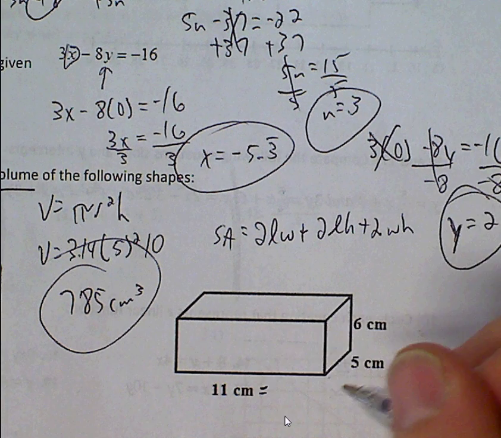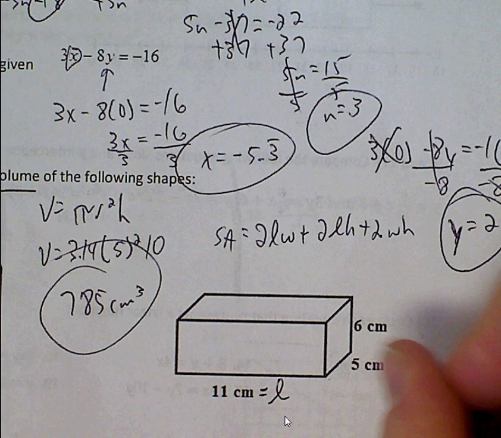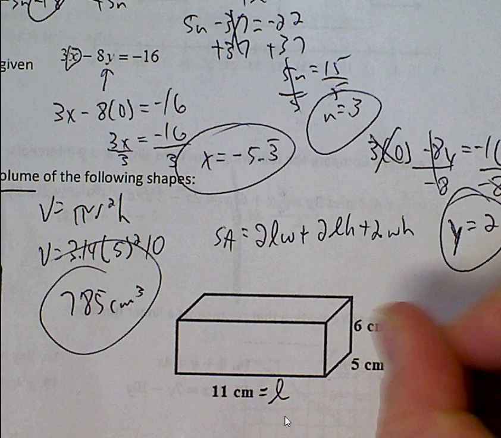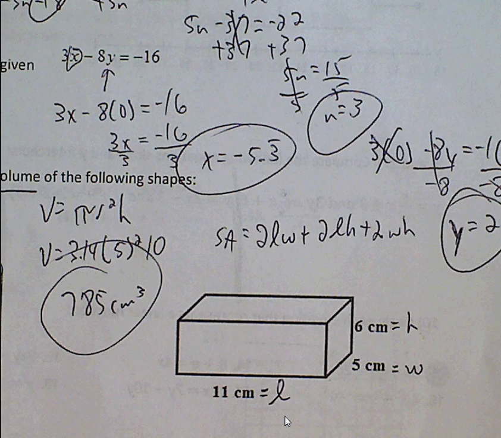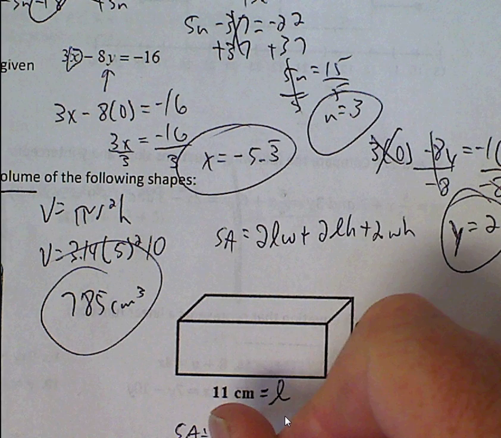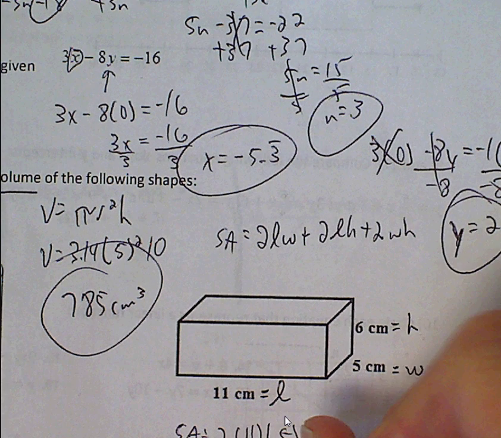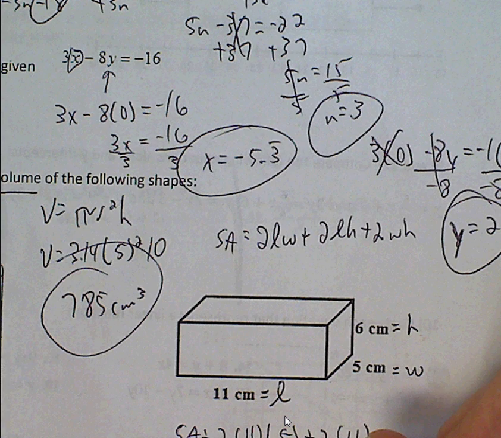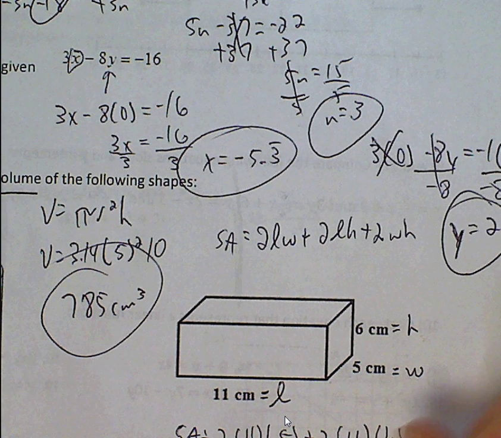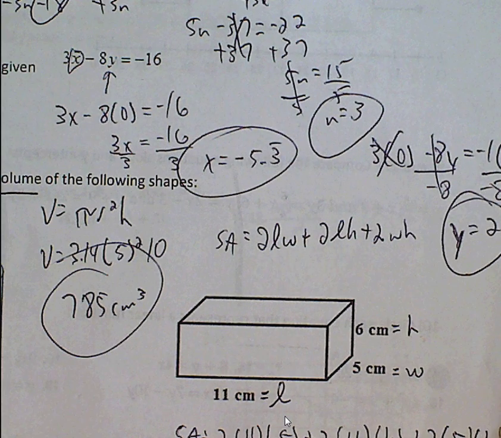So I'm going to let 11 be my length, I'll let 5 be my width, and I'll let 6 be my height. So my surface area would be 2 times my length, which is 11, times my width, 5, plus 2 times my length, 11, times my height, 6, plus 2 times my width, 5, times my height, 6.